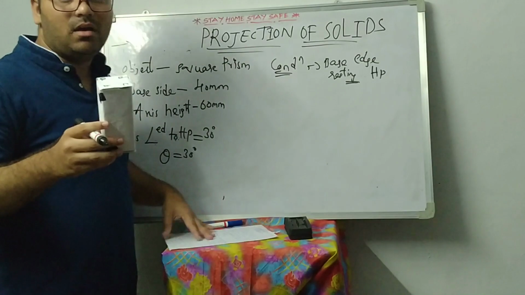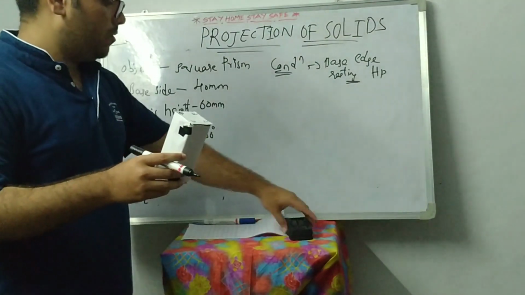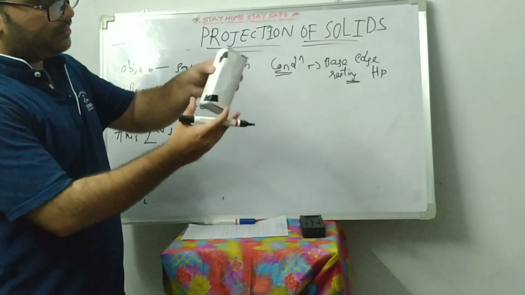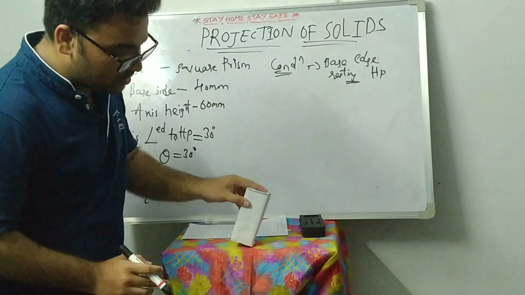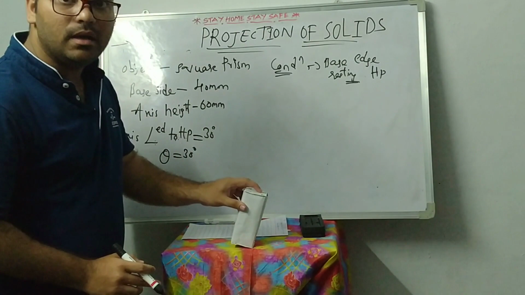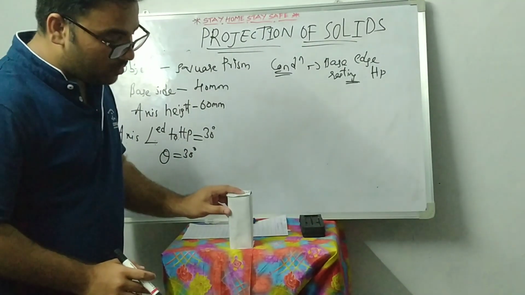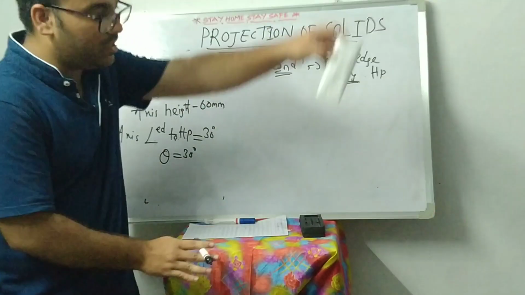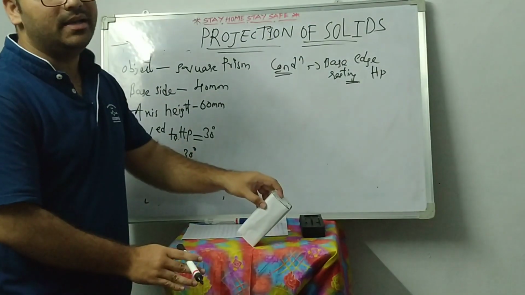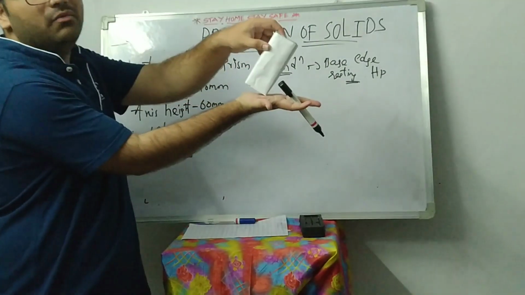So now we will see the position of the solid. I repeat, this is the base edge. The base edge is resting on the HP. At the same time, the axis is making an angle of 30 degrees with respect to the HP.